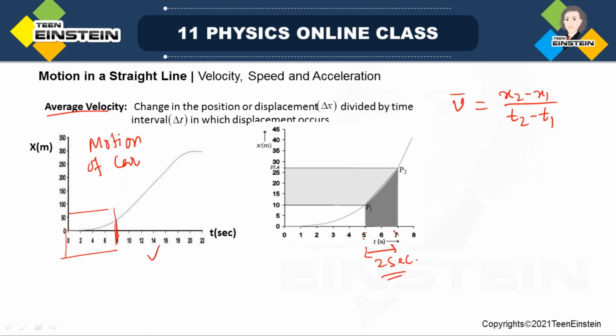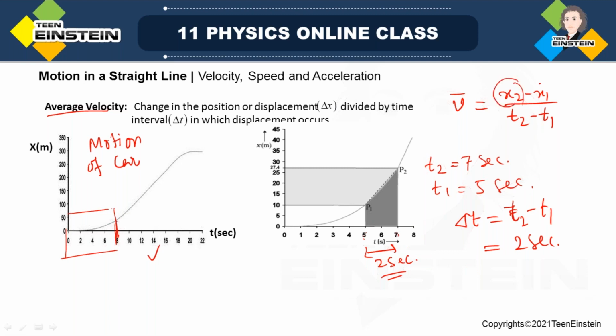Here t2 is 7 seconds and t1 is 5 seconds, so the time interval t2 minus t1 is 2 seconds.